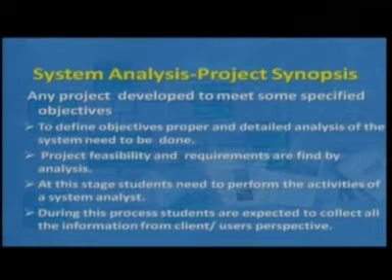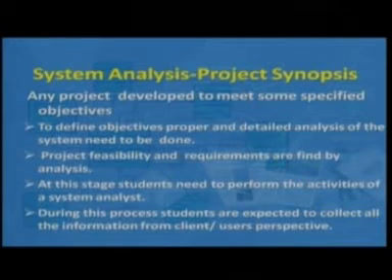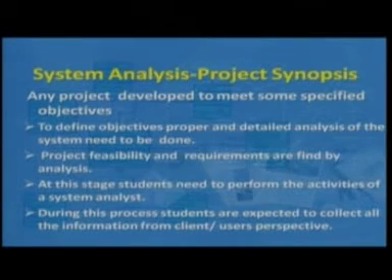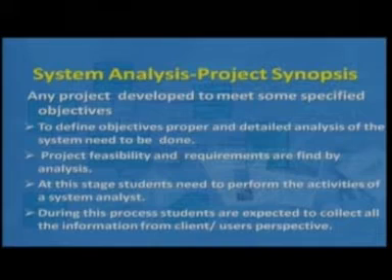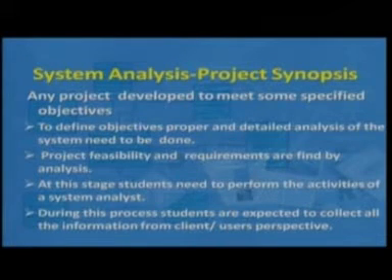So you have to rehearse or practice those activities and principles, and on that basis do the analysis of your system. During analysis you are expected to interact with your client. If you do not have a specific client, you have to take that information as part of your analysis document, and subsequently develop your system.